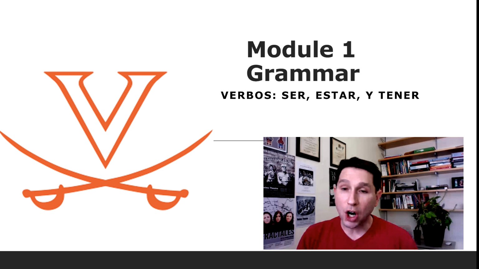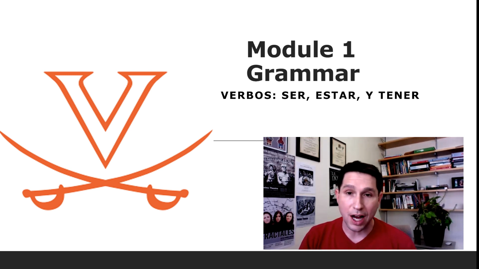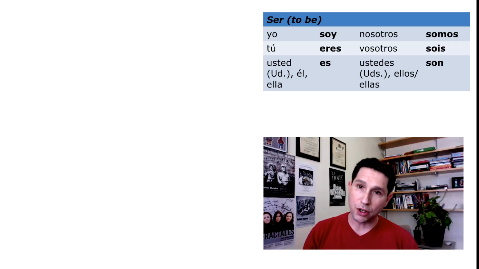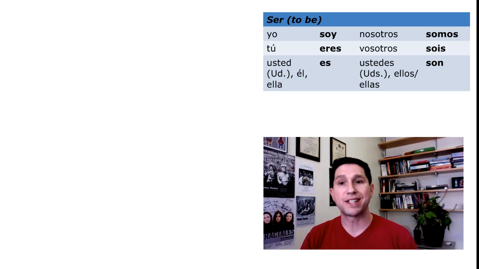These verbs are called high frequency verbs, meaning that they're used all the time. Their English versions are also used all the time. So being able to identify some connections and similarities may help you make connections as we go on this summer semester. So without further ado, we will introduce the verb ser.